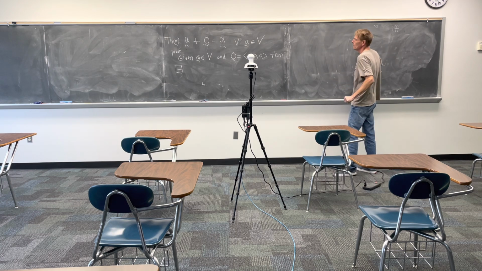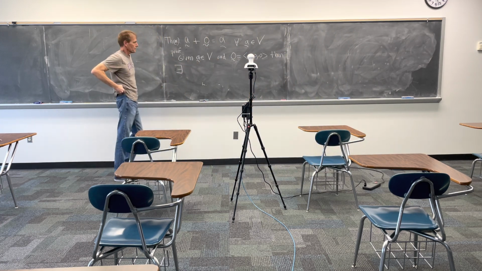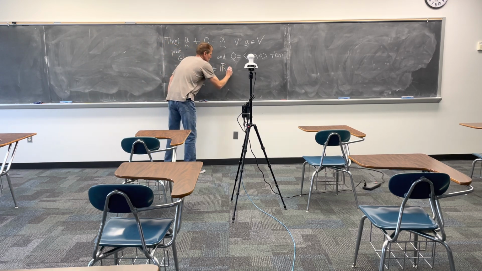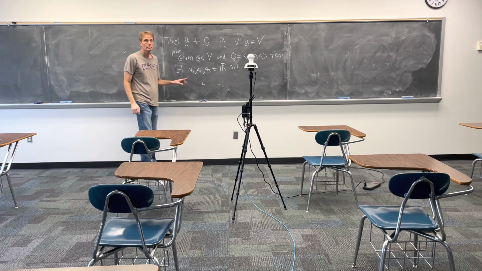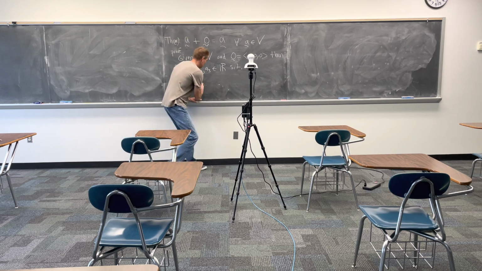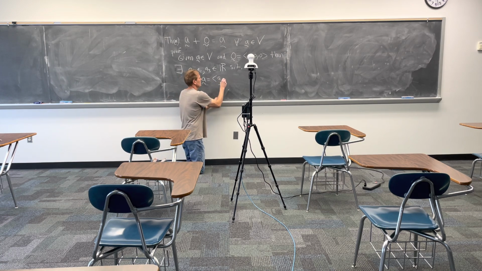Okay, you said you were going to think with me. What have I written? There exists A1, A2, A3, elements of real numbers, such that the vector A is equal to, help me out now, the vector A1, A2, A3.